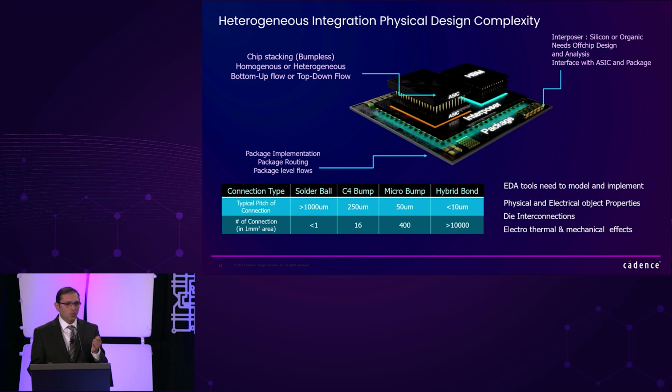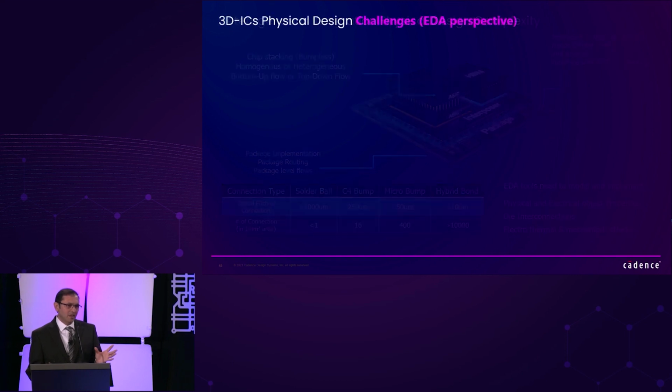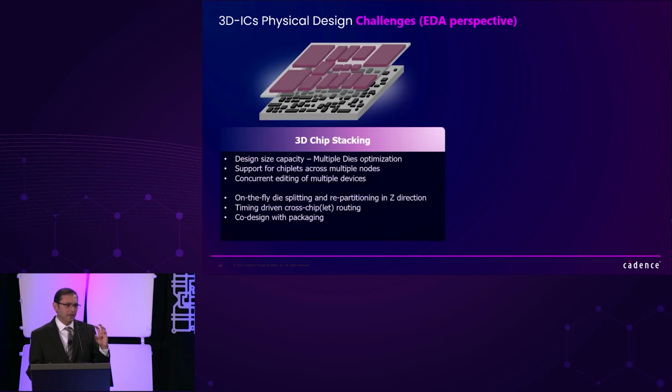Now, looking at the most challenging part, or what's new, is these hybrid bonds of very small pitch. And for that, we need a system that will look at all of these together. I've divided this into stacking versus analysis as two separate challenges.